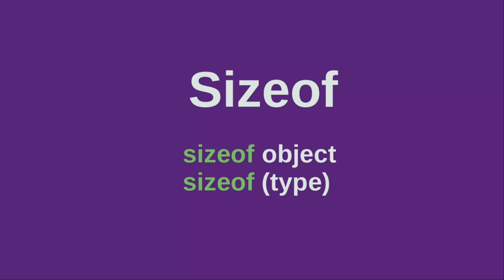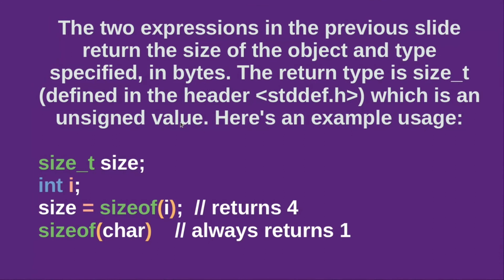For completeness, it is important to mention that sizeof is a unary operator, as we are going to see later, not a function. Its syntax is as follows, as you can see there. The two expressions above return the size of the object or the type specified, in bytes. The return type is size_t, which is something like an integer.